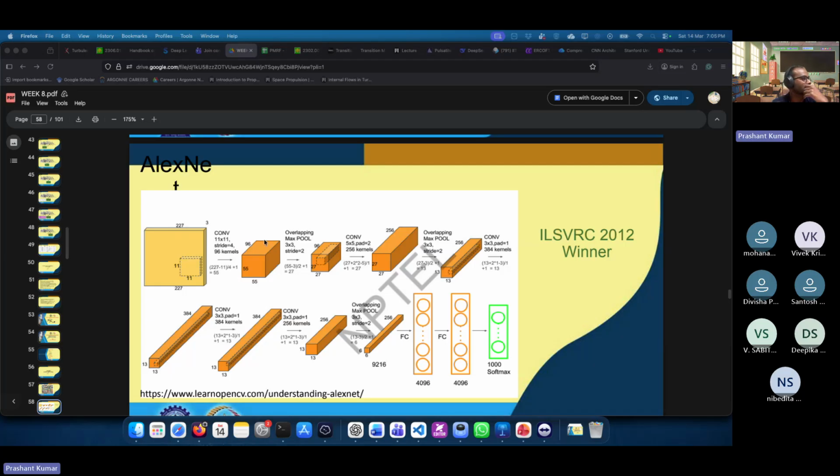If I have 96 kernels, I will create 96. Otherwise, you will have a fourth dimension as well, and that will look like 55 cross 55 cross 96 cross 3, right? Because this is also a dimension. So basically, we are averaging over the Z value, that is the RGB value, and the RGB value does not tell a lot.